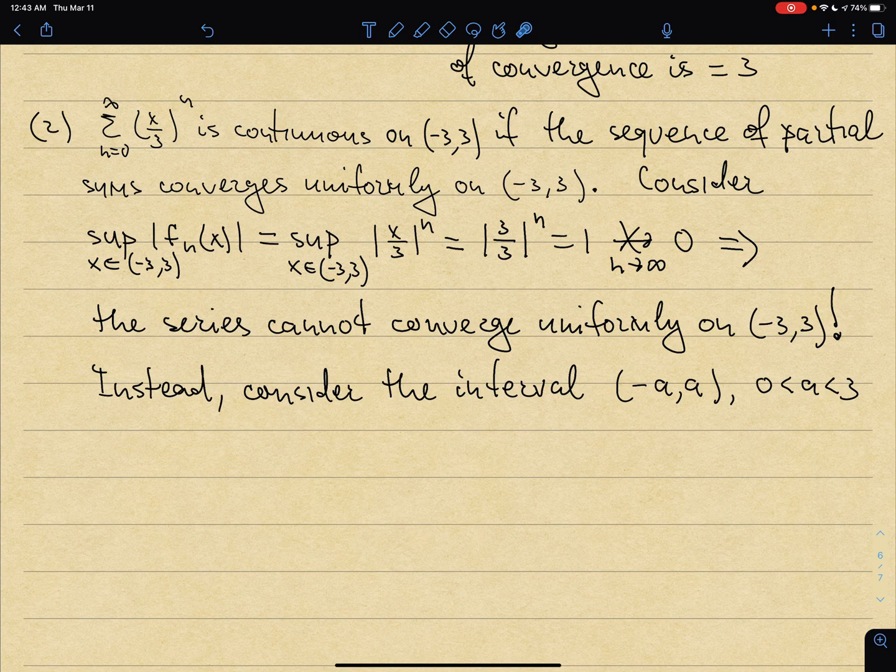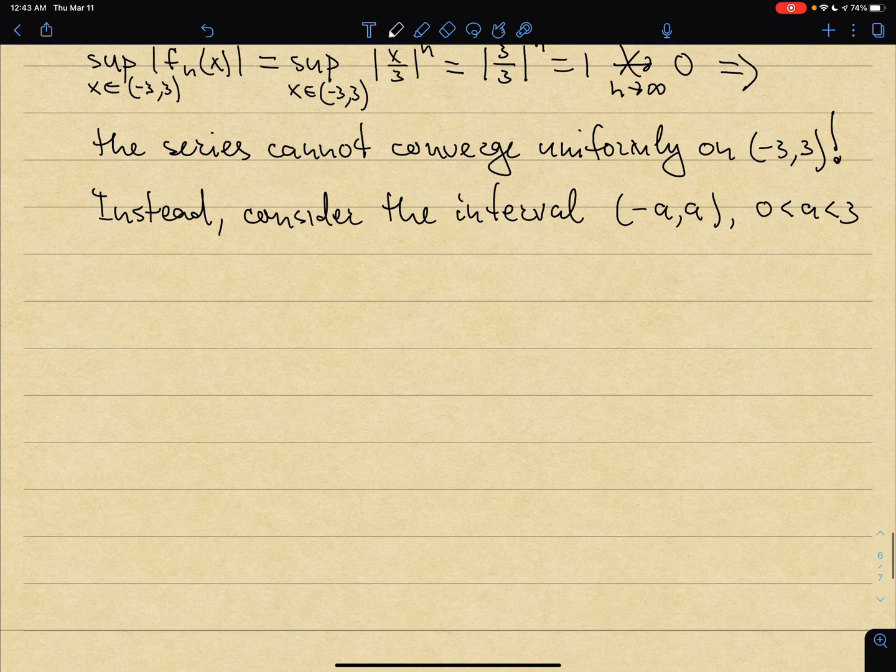Okay, but then this hints that I could maybe compare this to the series of (a over 3) to the power n, right? Because the supremum is (a over 3) to the power n, and (a over 3) to the power n actually itself is a convergent series.